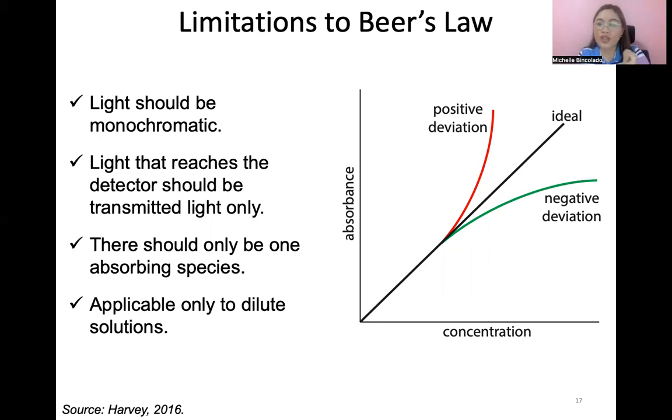Okay? So, Beer's law works only, guys, with the ideal conditions kung saan kailangan linear. So, para magamit natin yung linearity relationship nila, we should follow certain guidelines exactly. And one of this is to always check the dilution of your sample.